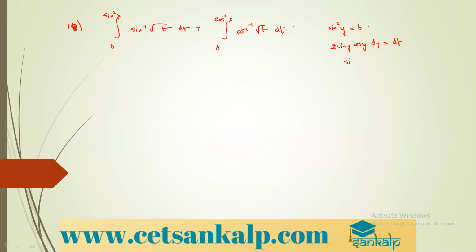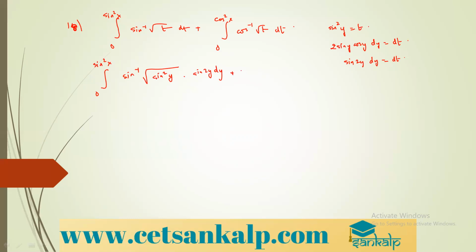I can write this as sine 2y dy equal to dt. The first integral 0 to sine square x becomes sine inverse root of t, that is sine square y, dt is sine 2y dy.